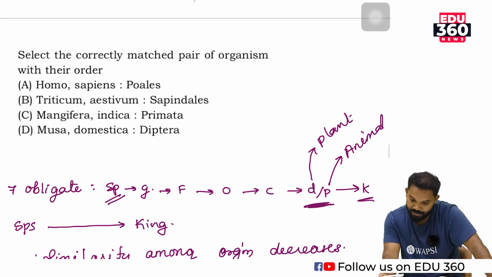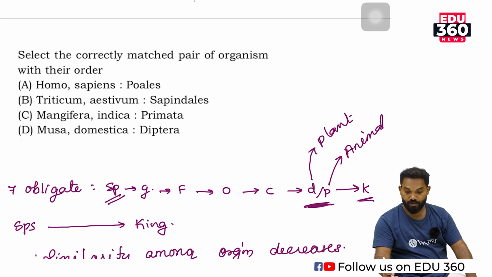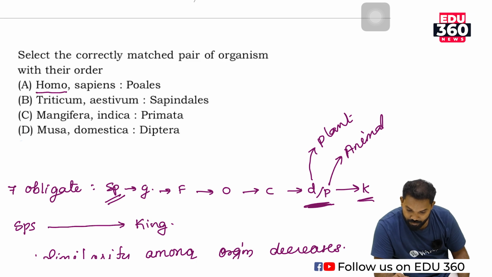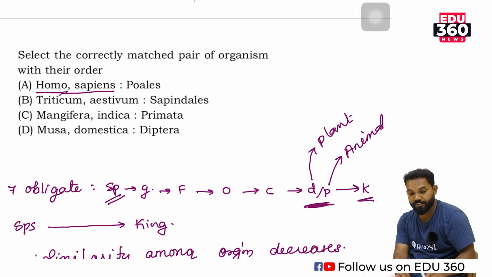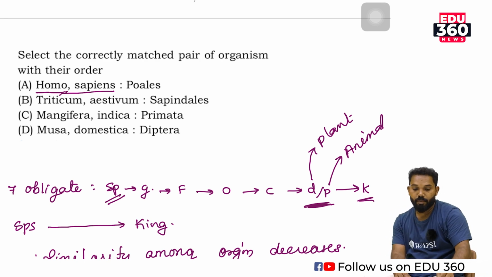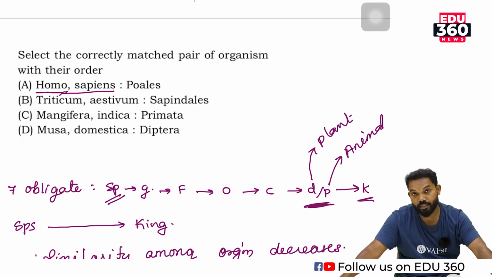Now our question is, select the correctly matched pair of organism with their order. Here the first, Homo sapiens, is paired with the order Poales. Poales is an order, but it is a plant taxonomic category.